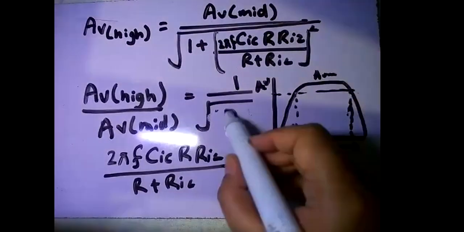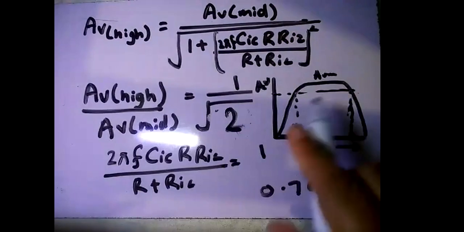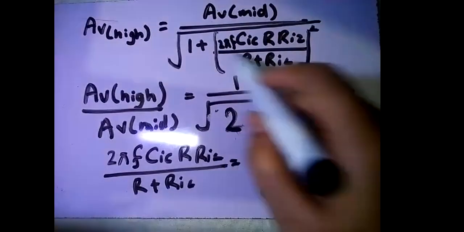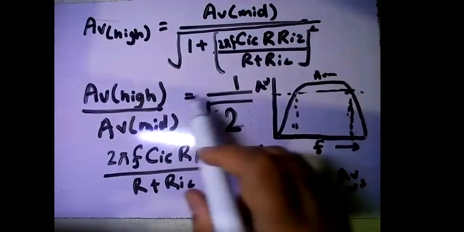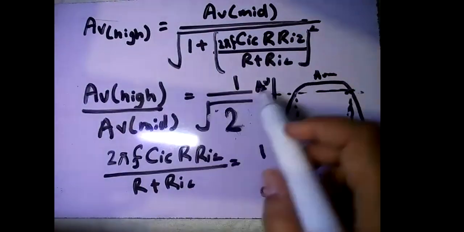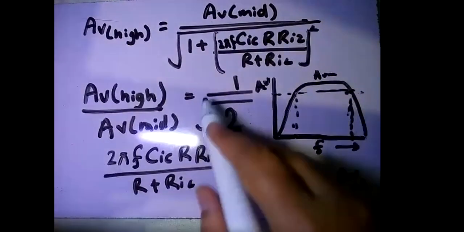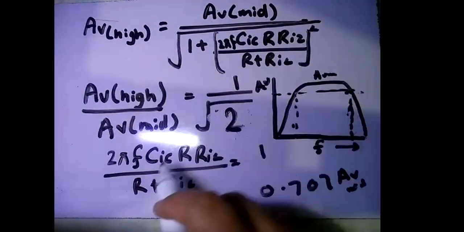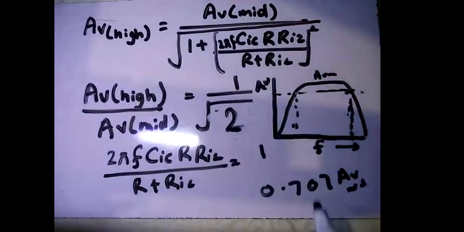So similarly, the higher cutoff frequency will be determined at the level of frequency where the gain ratio will be equal to 1 over under root 2. That happens when this radical relation becomes equivalent to 1.